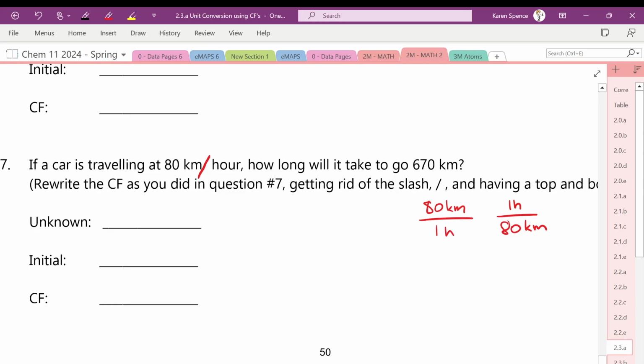But the other way to tell that the initial is not 80 is you can look and say, how long? What is how long attached to in that sentence? Is how long attached to 80 kilometers or to 670 kilometers?